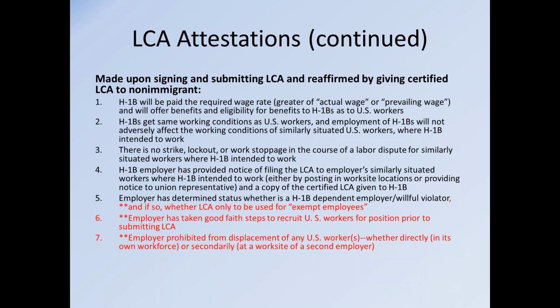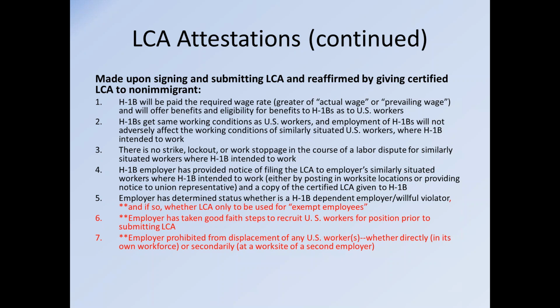Just to circle back to what the LCA attestations were, what the employer must promise before they can submit the LCA to the Department of Labor. That was number one. That's what we talked about. The same working conditions, they will not adversely impact any similarly situated U.S. workers, that there's no strike or lockout, that the notice has been posted or notice has been given, and the employer has determined the status as to whether or not they are a willful violator or dependent employer.